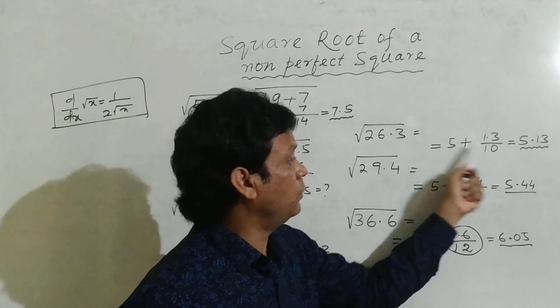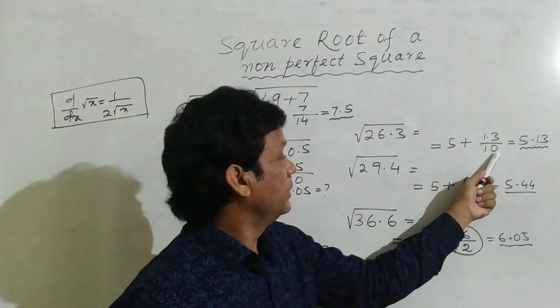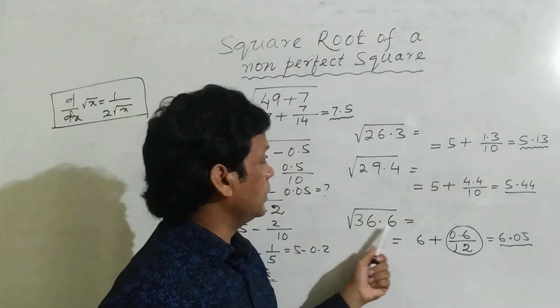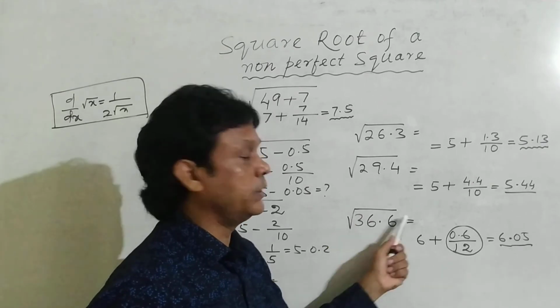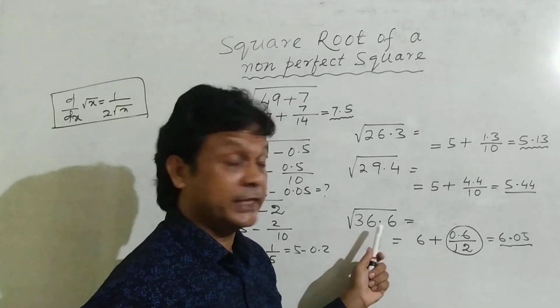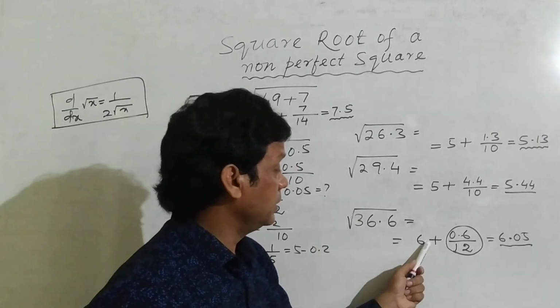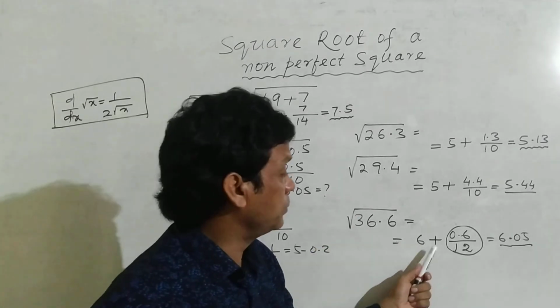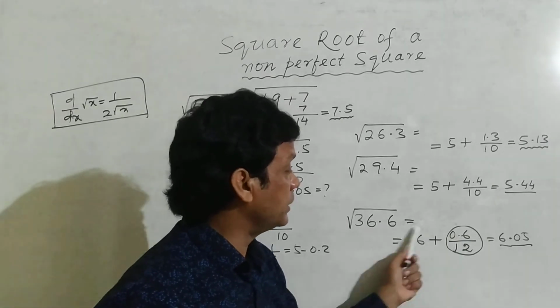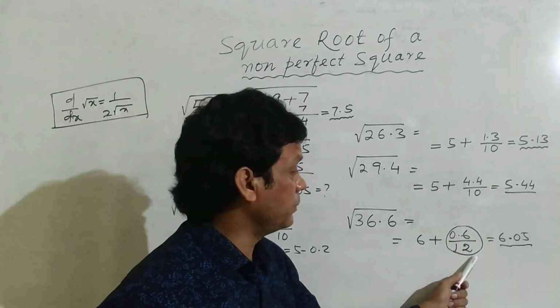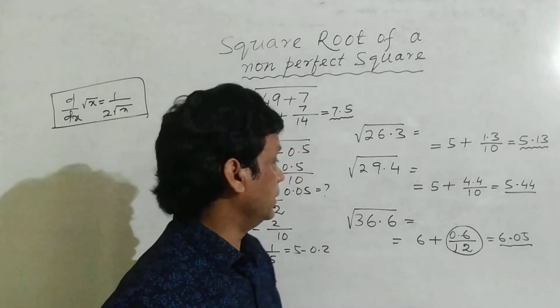So 1.3 divided by twice of this one. Write directly in each and every case. See here, 36.6. The perfect square nearer to 36.6 is 36. So square root of 36 is 6. And this number is greater than 36, so you should write plus. And how much is it greater? 0.6. So 0.6 divided by twice of this one, 12. So then calculate this one, then write it.